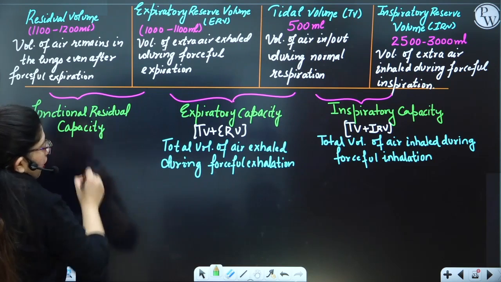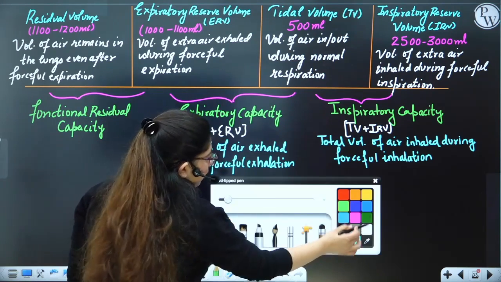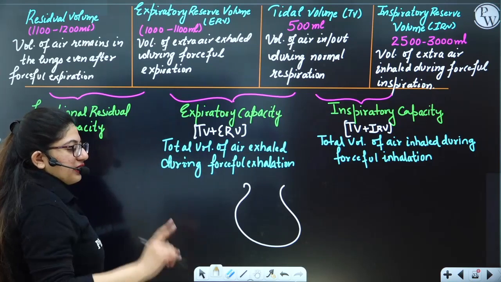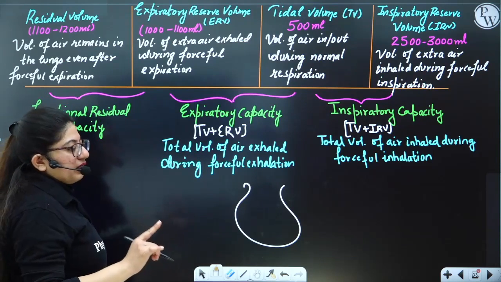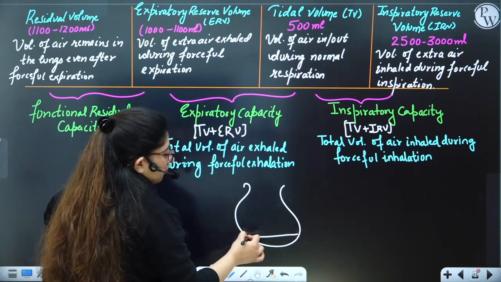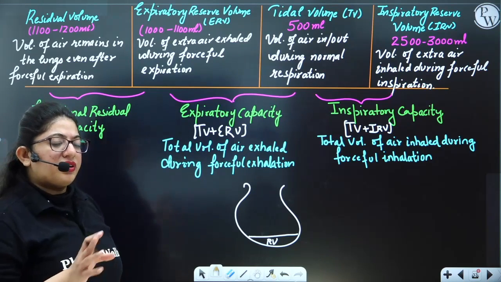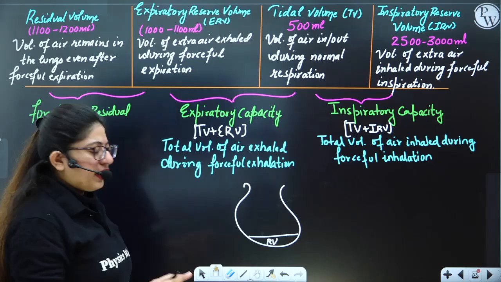If this is your lung, there is some amount of air that will always remain in the lung, that is residual volume. No matter how much extra effort you put in, this will remain in the lungs.